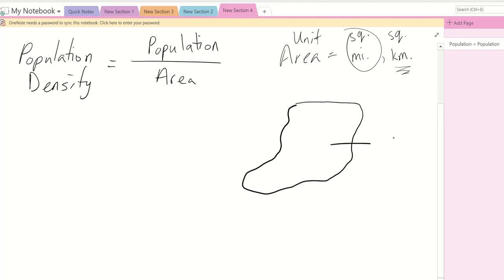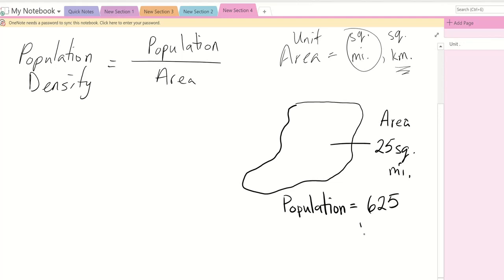Let's say this is 25 square miles. That's the area, the area is 25 square miles, and the population is 625 people. All right, so not that many.